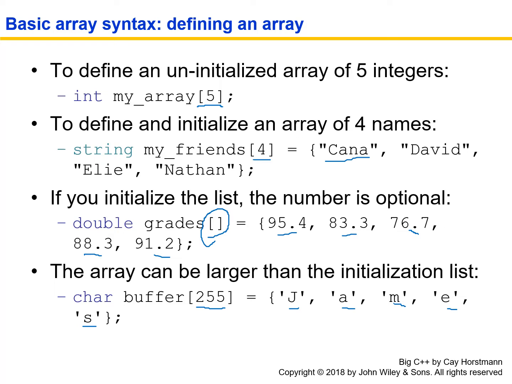So what happens to the rest of the buffer? Well, if you initialize part of an array, the remainder of the array gets filled up with zeros. So this array would have 5 letters, J-A-M-E-S, and then a whole bunch of zeros, 250 zeros after those letters.